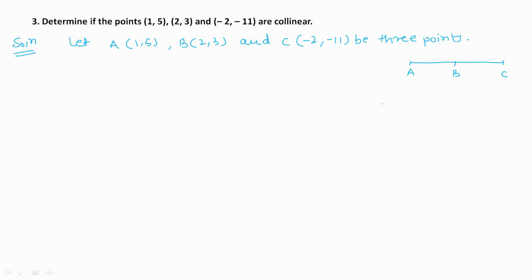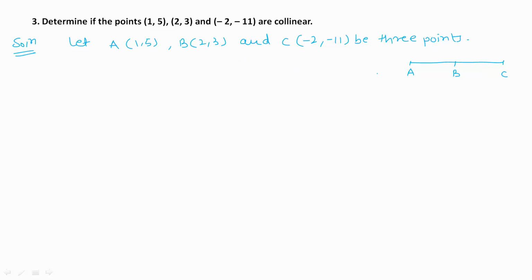And how will we prove collinearity? We have two different methods to prove collinearity. First, using the distance formula, and second, using the area of a triangle. Here I am talking about using the distance formula.